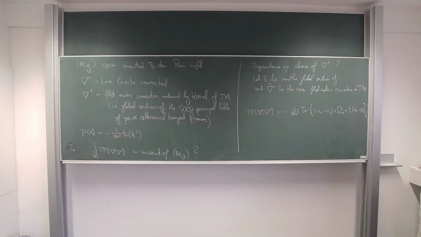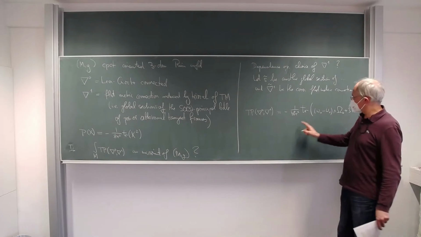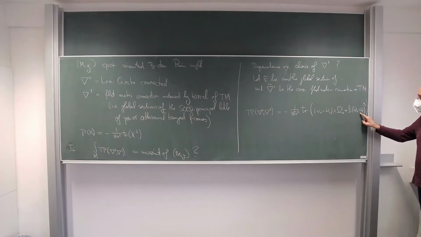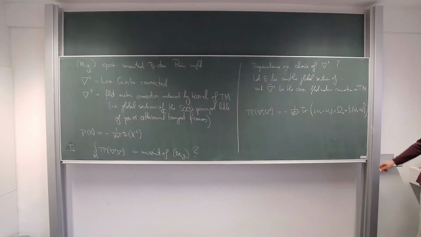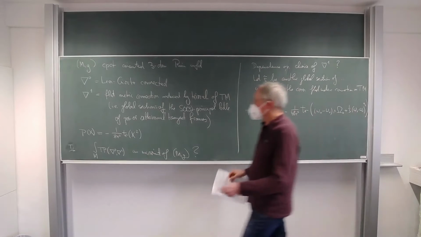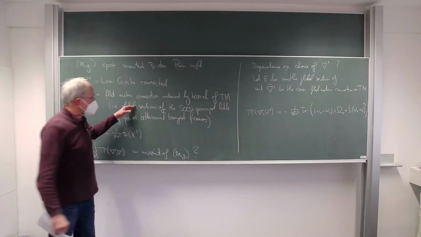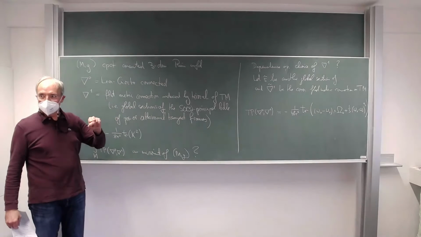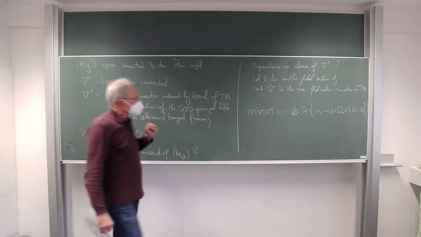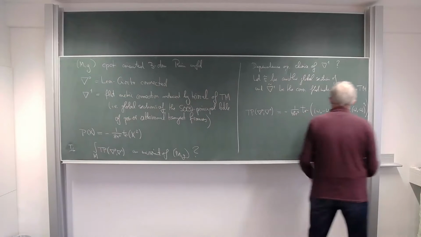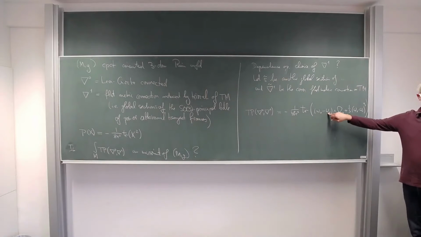But we have to compare this now with the corresponding thing where I replace omega 1 by omega 1 tilde. It's convenient to choose one of these two frames, either S or S tilde, to do the computation, because then the corresponding little omega 1 will disappear.